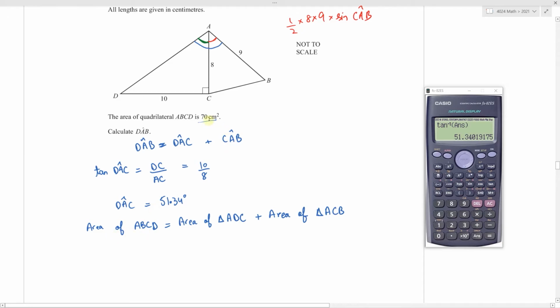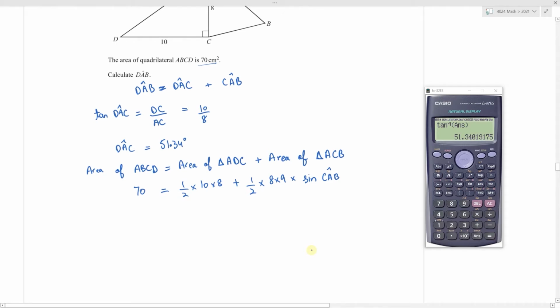We are told that this is 70. Area of triangle ADC, since this is a right angle triangle, is 1 by 2 into base into height, 1 by 2 into 10 into 8, plus area of triangle ACB, 1 by 2 into these two sides, 8 into 9, multiplied by the sine of the angle between them, CAB. So from this, I can calculate angle CAB.